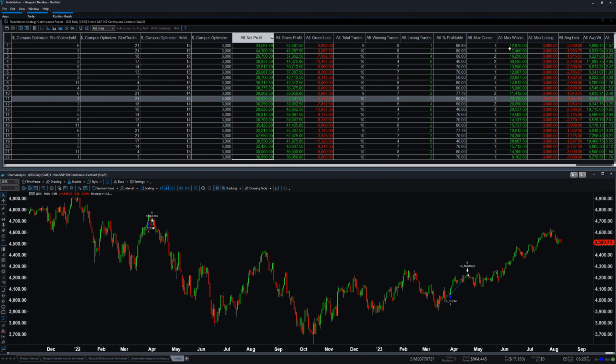Then we have our max winning trade. We usually don't want our max winning trade to be very large here. We don't want that to be an outlier. We want it to be within the median somehow of the usual bell curve here, because if it's an outlier, it just means that our net profits here are also slightly skewed.